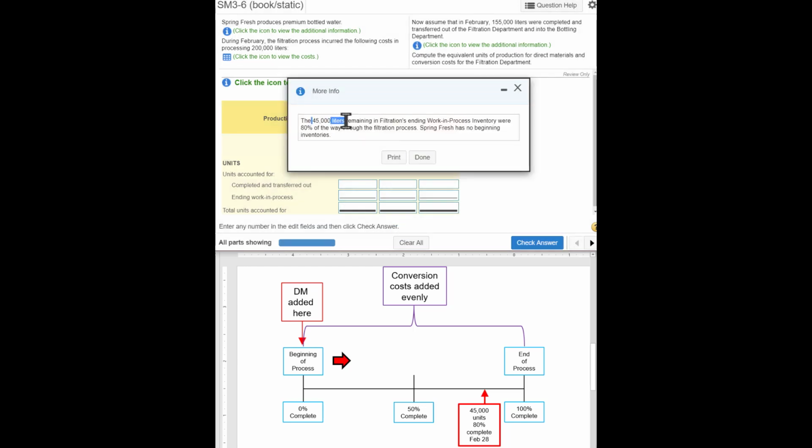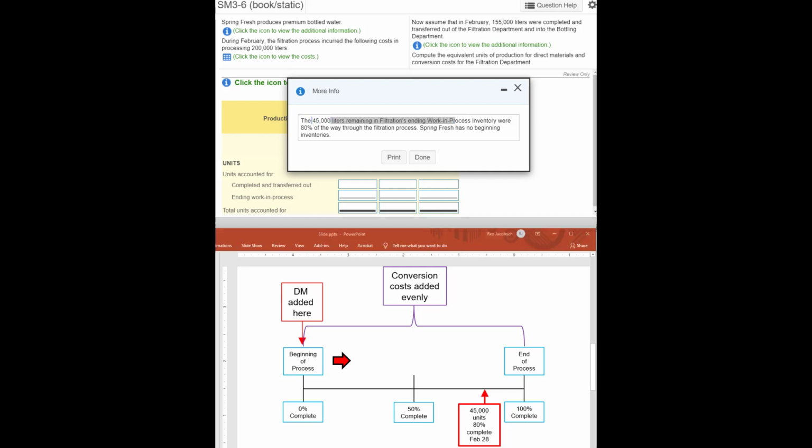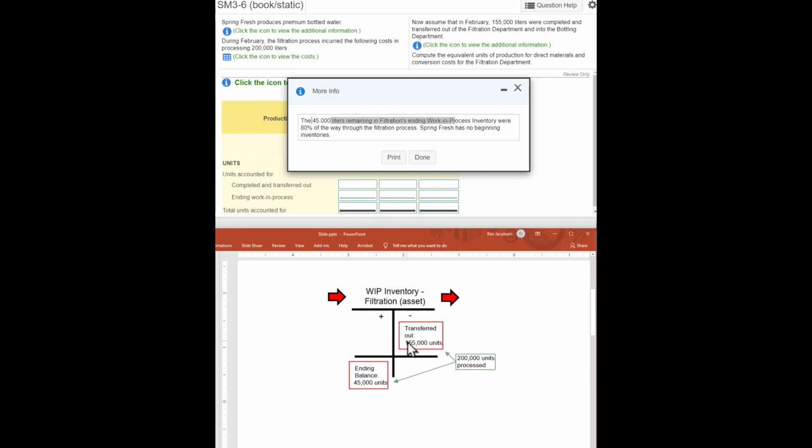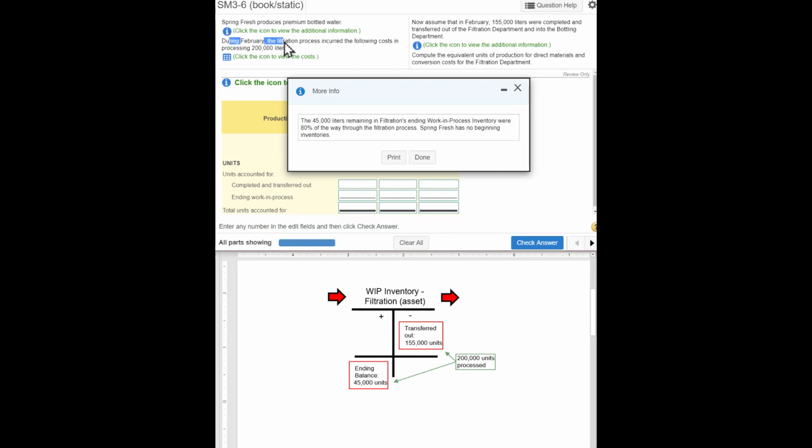The 45,000 liters remaining in the filtration's ending work in process inventory. So let's go to my slide showing the T account. Over here it says during February the filtration process incurred the following costs in processing 200,000 units. So we know that we processed 200,000 units total.